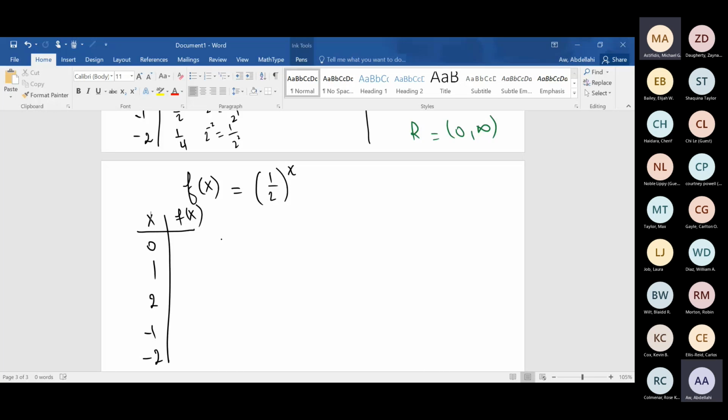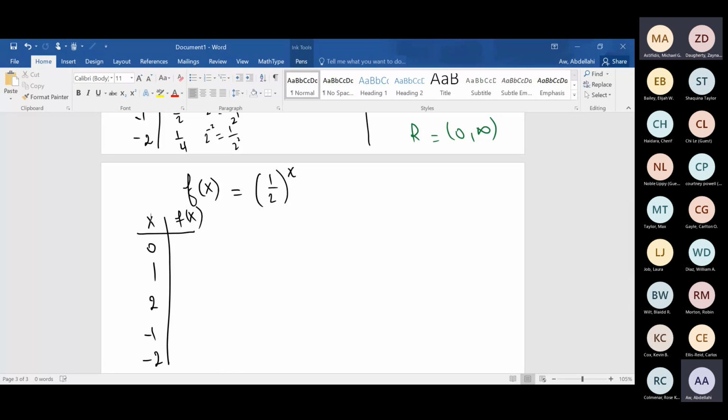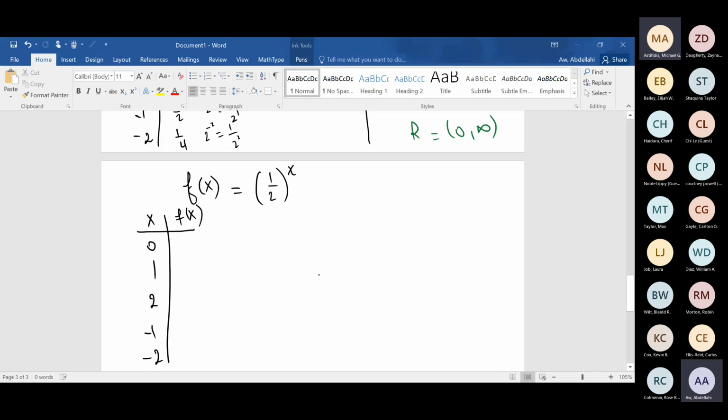All right. Somebody is ready to give us the right column? How much is f of 0? One. F of 0 is always going to be 1, regardless, since 1/2 raised to the 0 power is 1.